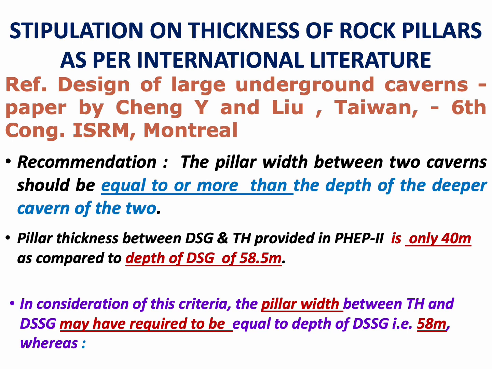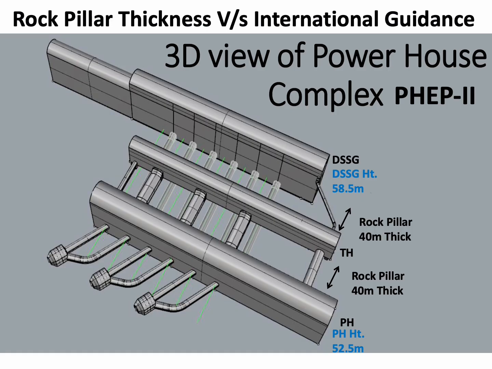So, in consideration of this criteria, the pillar width between Transformer Hall and the Downstream Surge Gallery may have been required to be equal to the depth of Downstream Surge Gallery, that is 58 meter, whereas the rock pillar between the Downstream Surge Gallery and the Transformer Hall is only 40 meter against the depth of Downstream Surge Gallery of 58.5 meter, and the rock pillar between the Transformer Hall and the powerhouse is also 40 meter against the depth of the machine hall, which is 52.5 meter.